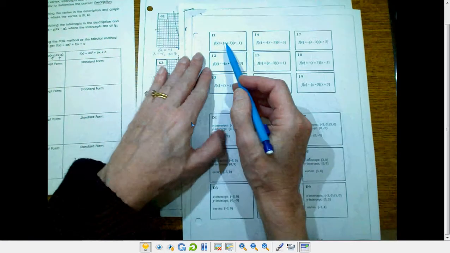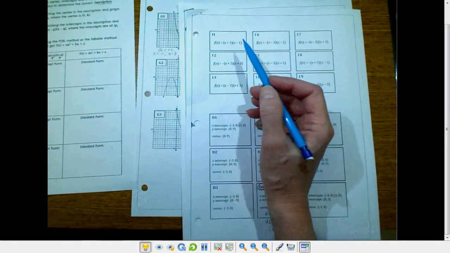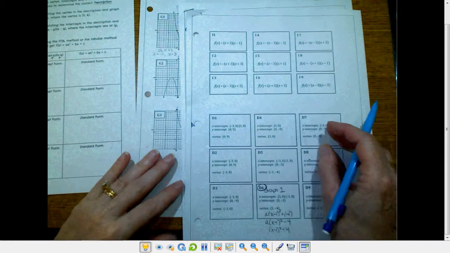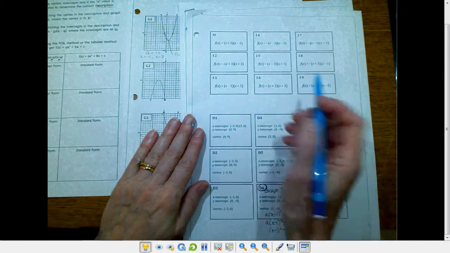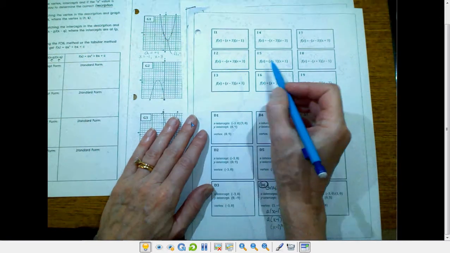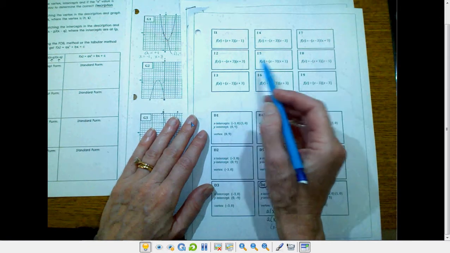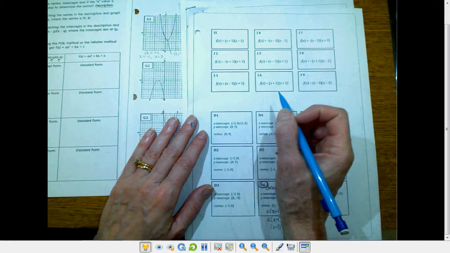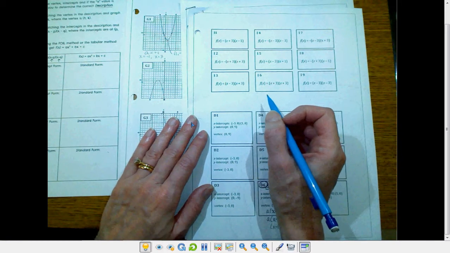So now I'm looking at my intercept form options, and they are labeled with an I for intercept. And remember, with intercepts, it's the opposite. So we've got to look at these and figure out which of these would zero out when x equals 3 and x equals negative 1.